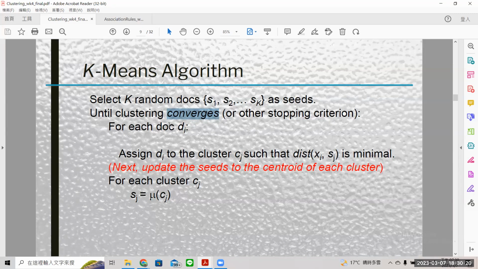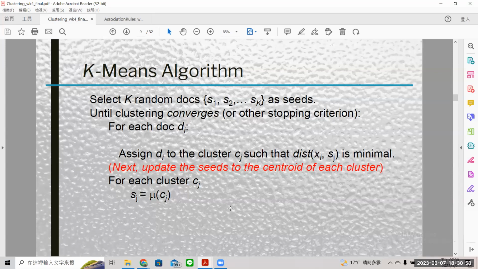For each sample, we assign the sample to a cluster such that the distance of xi stays minimal. This is our objective function. And for each cluster, you can compute its closeness or similarity for the cluster Cj.